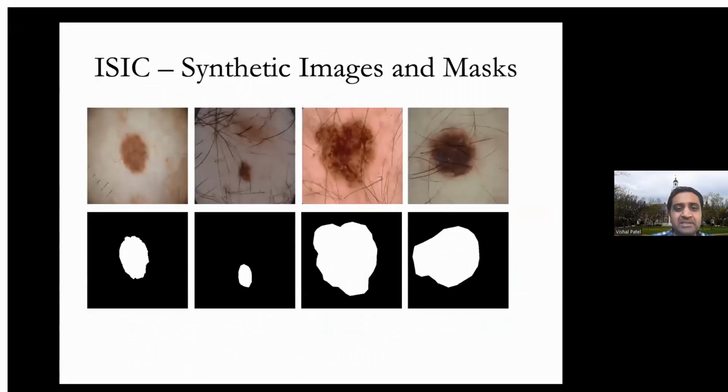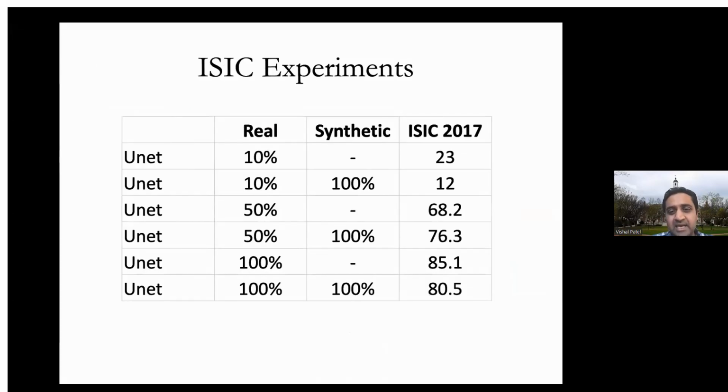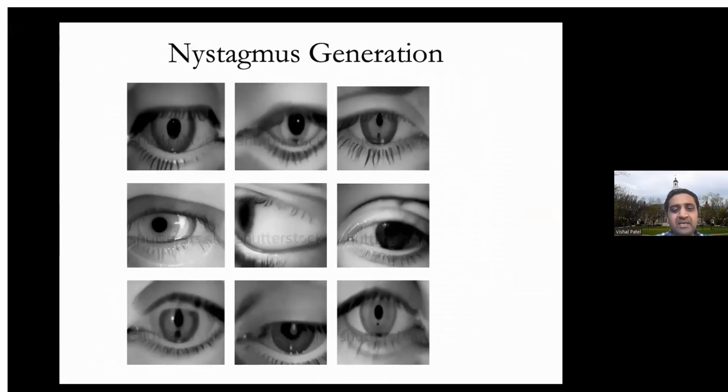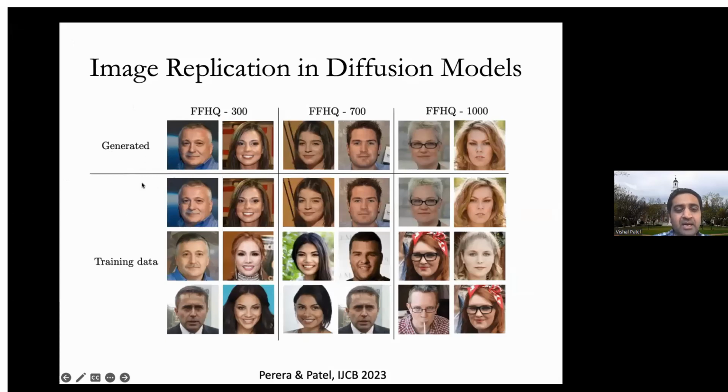So all these examples that I presented, are they really novel? Are these novel images and the corresponding masks, or is this just a replication of what we see in the training set?